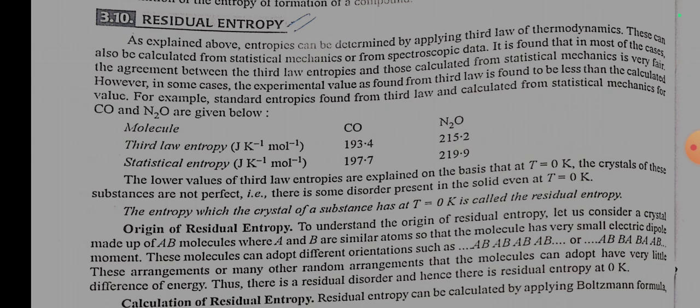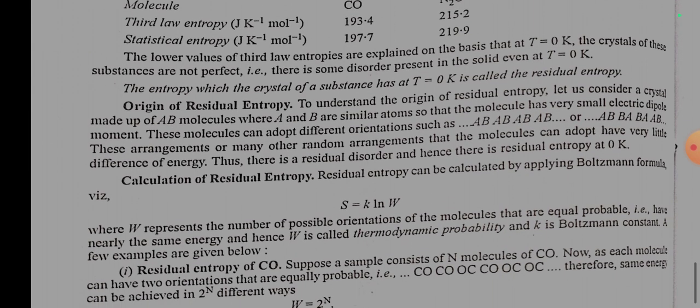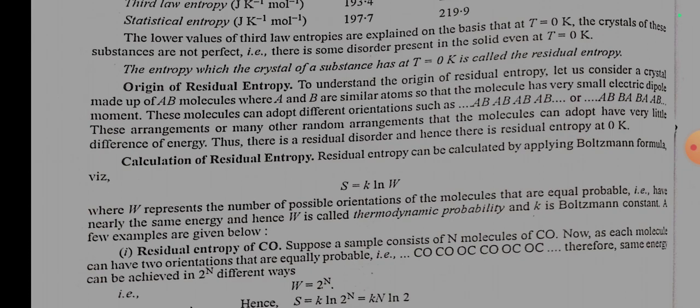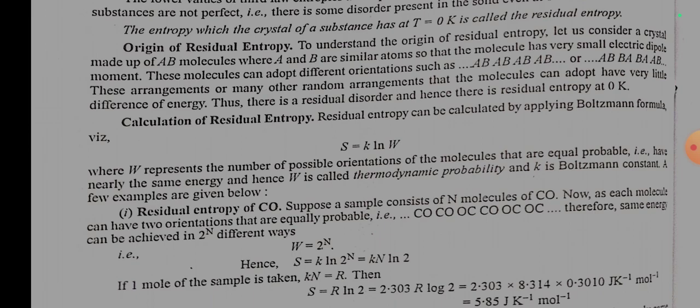For example, standard entropies found from the third law and calculated from statistical mechanics for CO and N2 are given below. The lower values of third law entropies are explained on the basis that at T equal to 0 Kelvin, the crystals of these substances are not perfect. That is, there is some disorder present in the solid even at T equal to 0 Kelvin. The entropy which a crystal of a substance has at T equal to 0 is called the residual entropy.